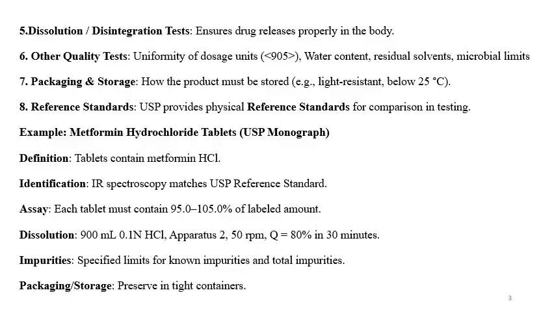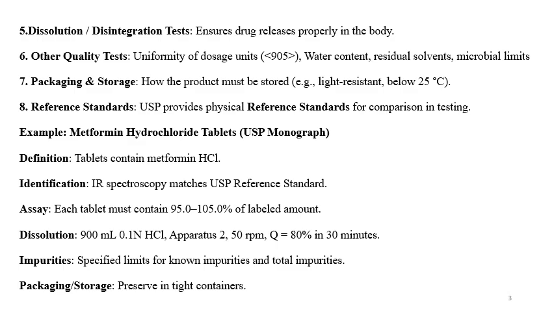Dissolution disintegration test ensures drug release properly in the body. Other quality tests like uniformity of dosage units as per the USP chapter 905, water content, residual solvents, and microbial limits. Generally, water content is for those APIs which contain the hydrate forms.